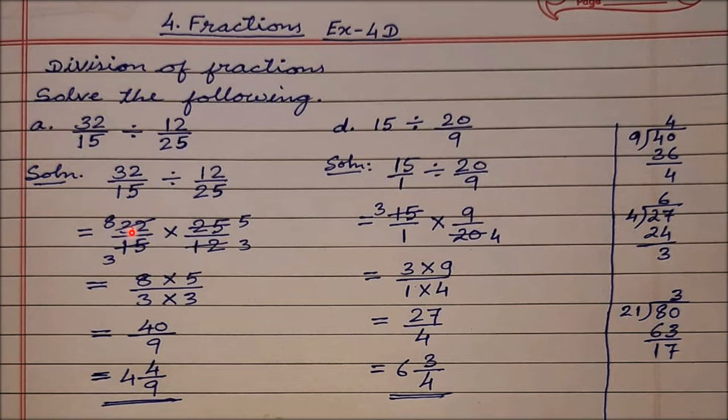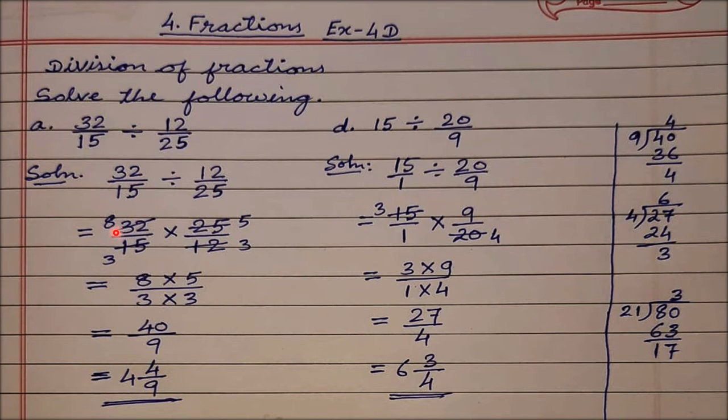Similarly, 32 and 12, their common factor is 2, then bigger than that is 4. So I have cancelled it by 4. So by 4, if you cancel, 4 3 times is 12 and 4 8 times is 32. Now numerators 8 and 5, denominators 3 and 3, they don't have any common factor, so we cannot cancel them.